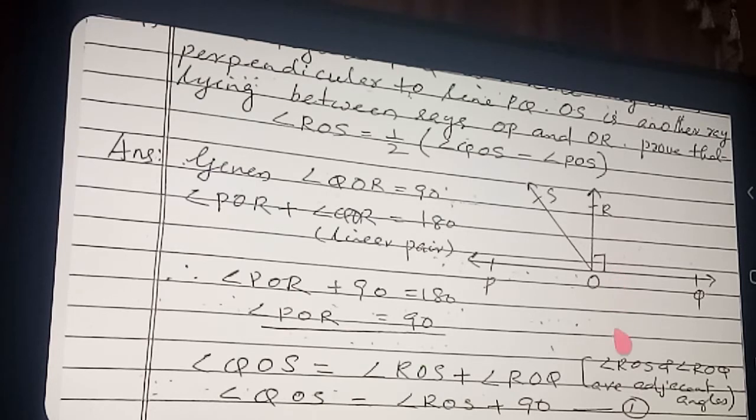I have written the reason also in the bracket, because angle ROS and angle ROQ are adjacent angles. Once more, angle QOS is formed by these two angles, which are adjacent angles, and adjacent angles we can always add.